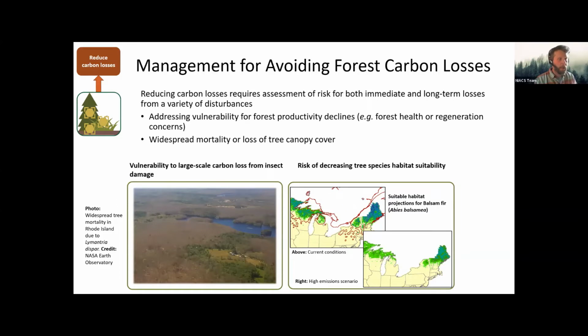And here we're showing the Climate Change Tree Atlas projections of suitable habitat for balsam fir in the region, showing that under the high emission scenario suitable habitat area begins to shrink, certainly on some of the southern margins, but even in some of the places in the northern part of its range, the habitat suitability just starts to get lower. So this represents another way to think about carbon losses through lost productivity.